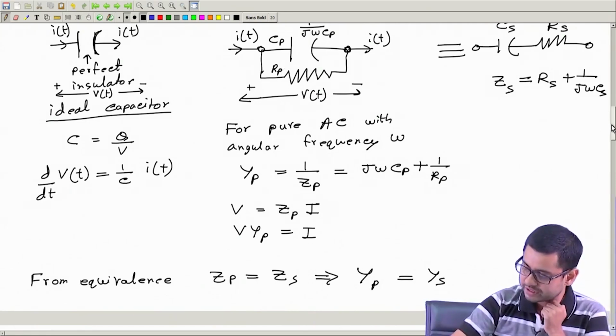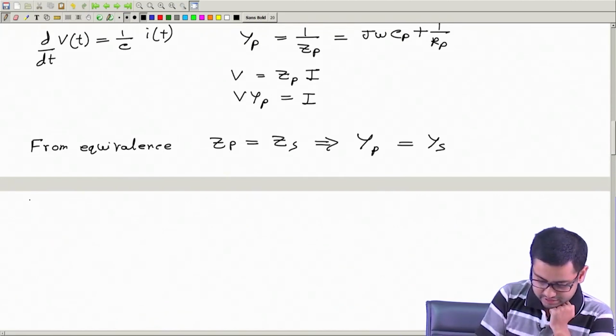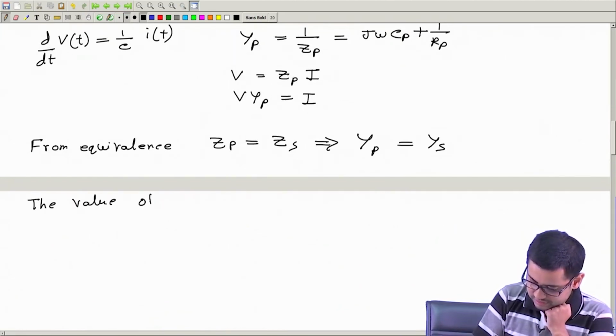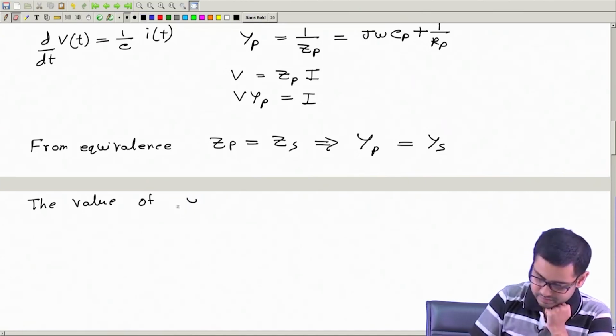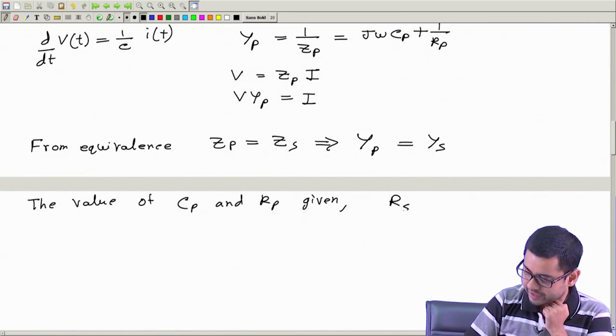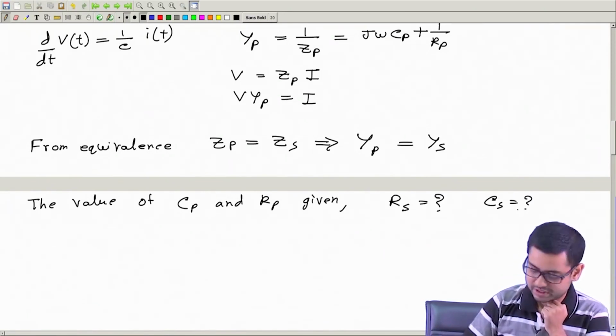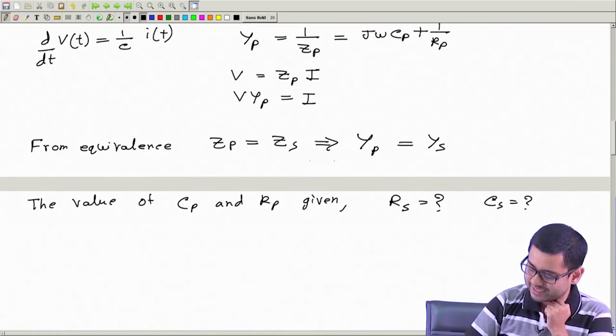Now, let us do it this way. Say the values of Cp and Rp are given, and we want to find Rs equal to how much, Cs equal to how much. So, you have to just manipulate this equation.